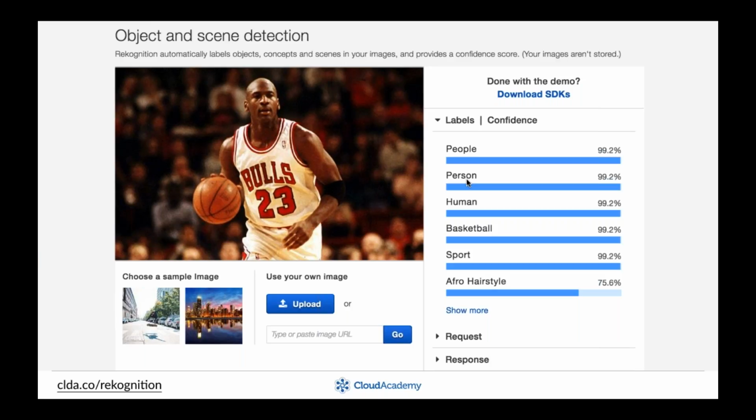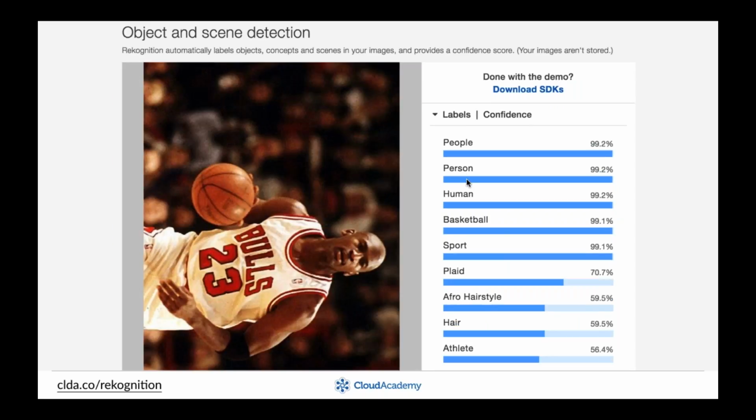Another interesting thing that maybe you're not considering is that every API that we will see is rotation invariant. What does it mean? Well, if I rotate the image, I will get more or less the same labels. So I will get basketball, human, person, people, sport.